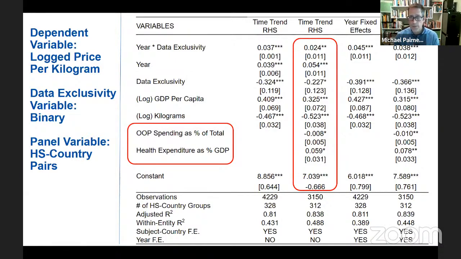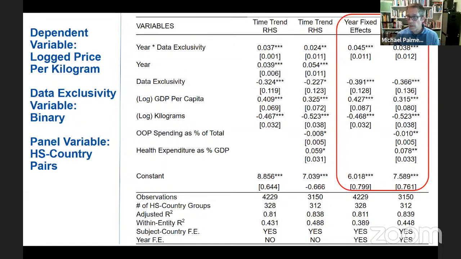They enter in significantly, and the coefficient on year times data exclusivity is still positive, indicating you still see that premium. This also, due to data availability, has a smaller set of countries, of years, smaller set of observations, but you still see the significant relationship holds.